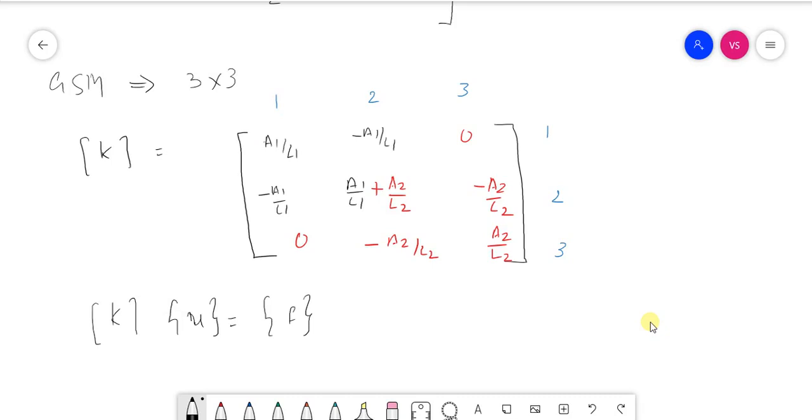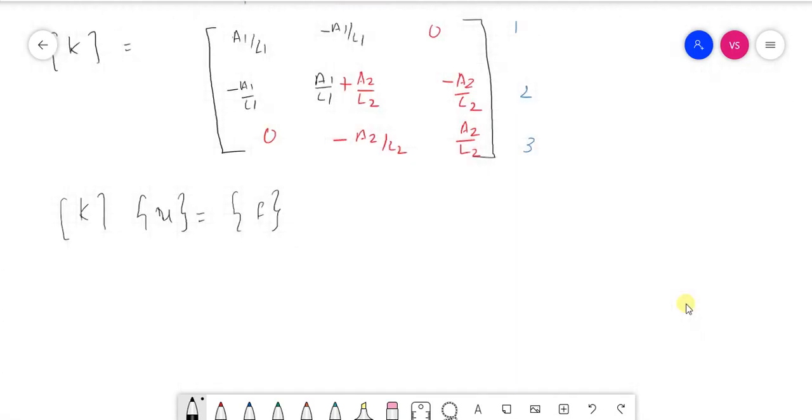So this K you will write here as it is. U will be U1, U2, U3, and F will be F1, F2, F3.